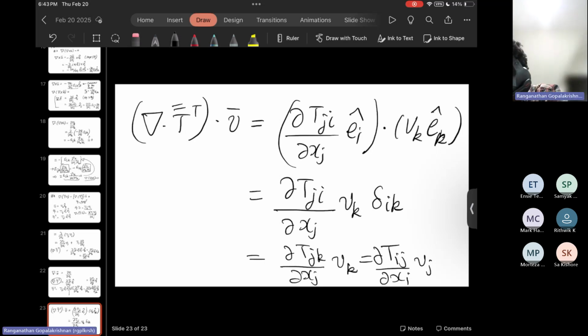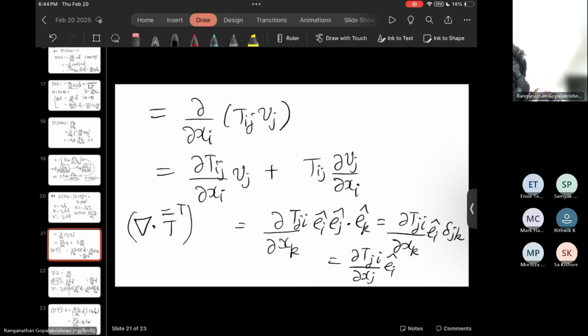Wherever j appears, I'm replacing it with i, and wherever k appears, I'm replacing it with j. So this expression here is the same as this because all I have changed is the dummy index. Can I go back and check if this is the first term that was in the product?